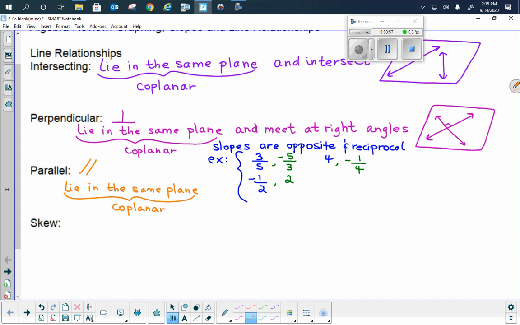And they never intersect. Okay, lie in the same plane and never intersect.